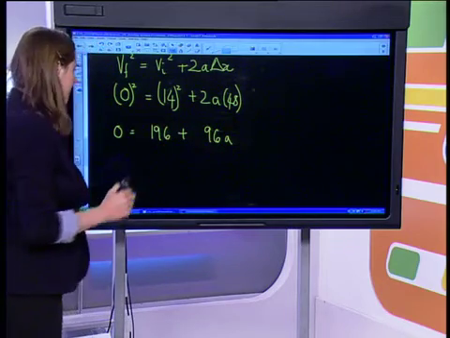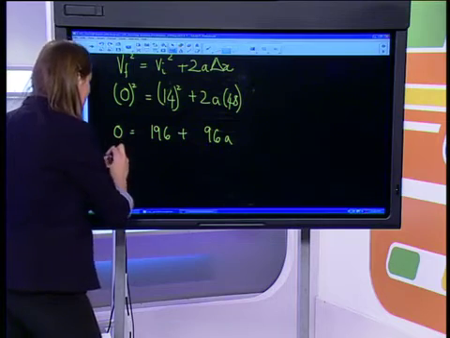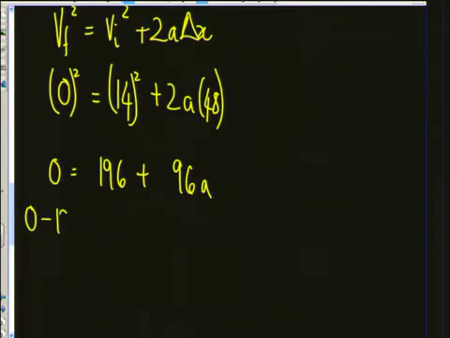So now we can rearrange. The 96 comes to the other side, and notice it's going to be 0 minus 196, sorry, and then divided by 96 is equal to a. And that does look a lot more manageable.